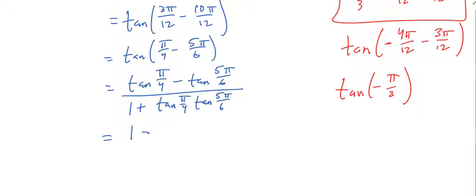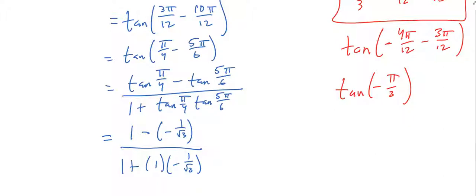Tan of 5 pi by 6. Remember, when you get a 5 pi by 6, you're thinking about quadrants. So this is quadrant 2, and tan of pi by 6 is 1 over root 3, so it's minus 1 over root 3, over 1 plus tan of pi by 4, which is 1, times negative 1 over root 3. Even and odd symmetry works, but be careful.